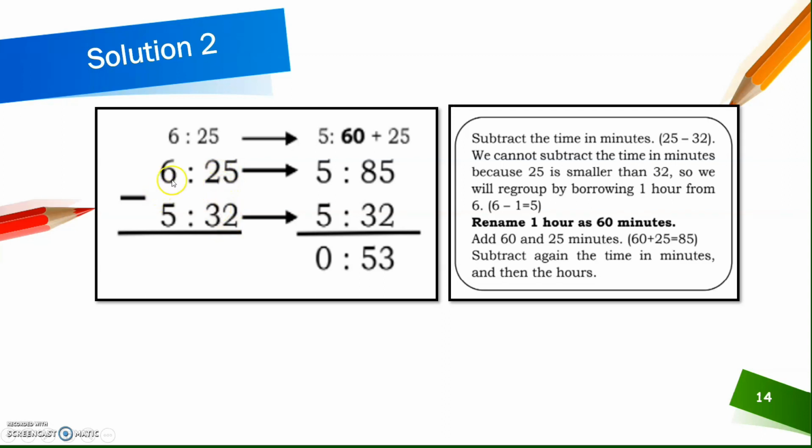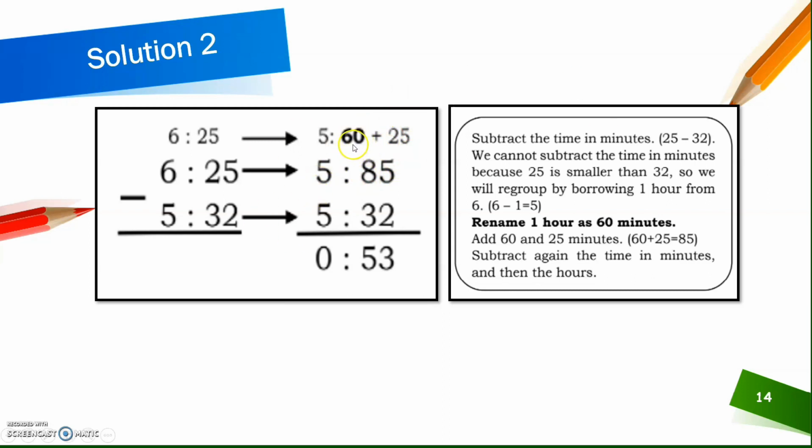So, manghihiram tayo ng 1 oras dito sa 6 hours. So, yung 6 hours, kapag nabawasan ng 1 oras, magiging 5 hours na lang. And then, yung 1 oras na hiniram natin, i-convert natin siya sa minutes, which is equivalent to 60 minutes. So, kanina, diba, dun sa review natin, ang 1 hour is equivalent to 60 minutes.